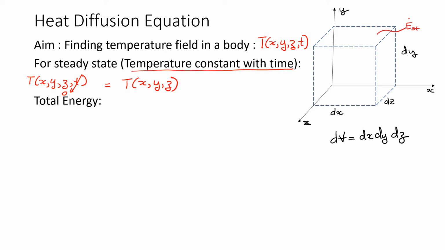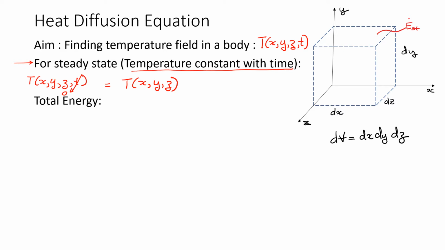So if you have a steady state problem, your temperature will just be a function of x, y, z. Obviously, if your problem is one-dimensional, it will either be a function of x or y or z depending on which direction your heat is flowing.